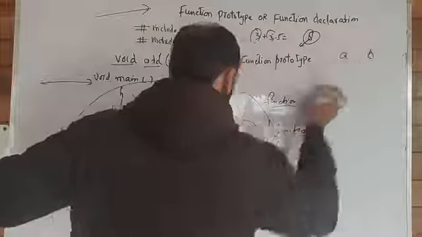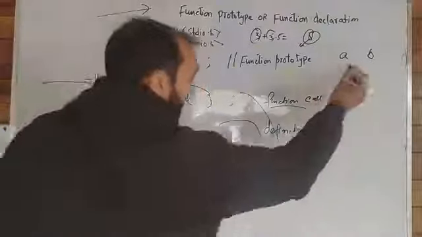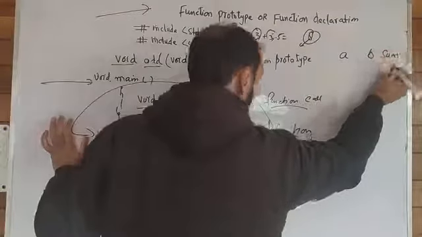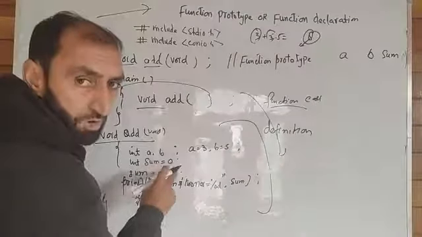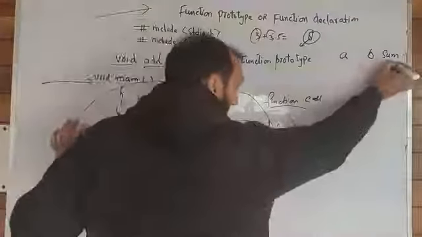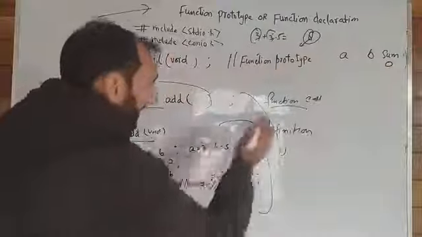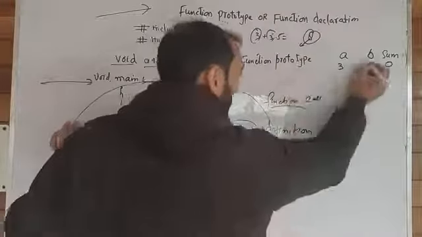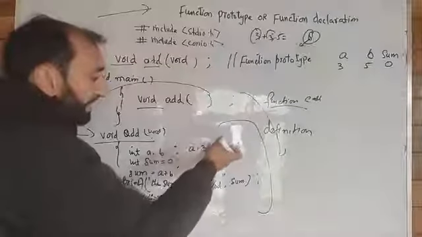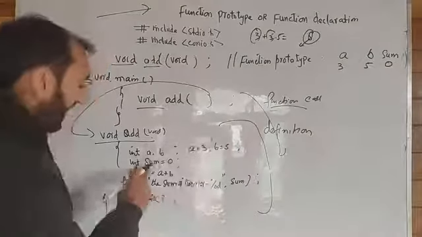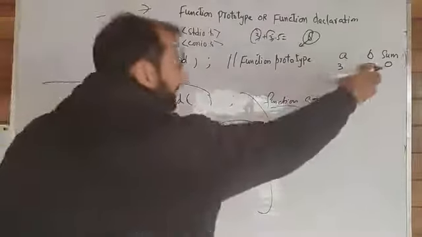Then int sum, a variable sum, assigned 0. That means a has been initialized to 3, b has been initialized to 5, and sum is initialized to 0.